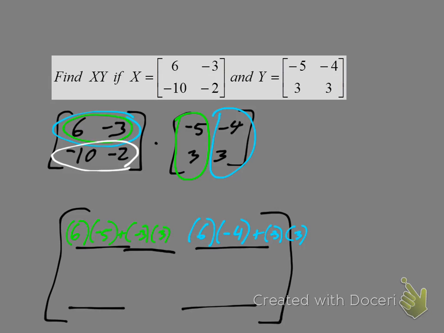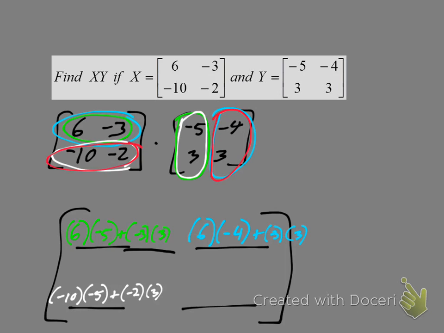Next row, back to your first column. Same process. Negative 10 times negative 5 plus negative 2 times 3, and then same row, next column.